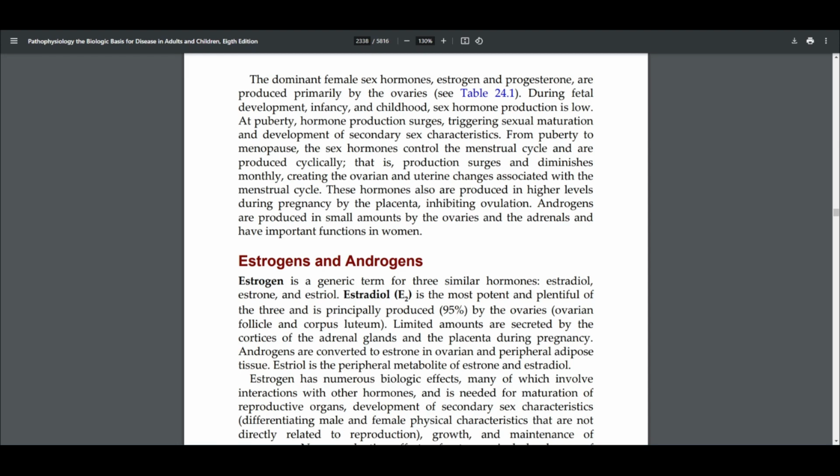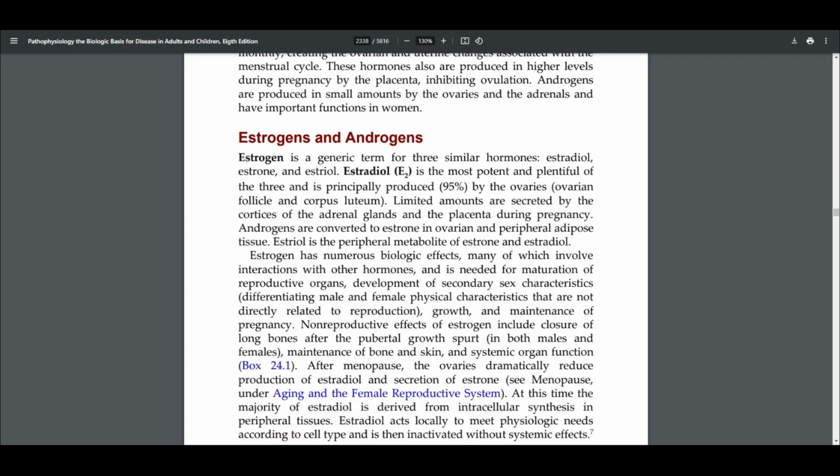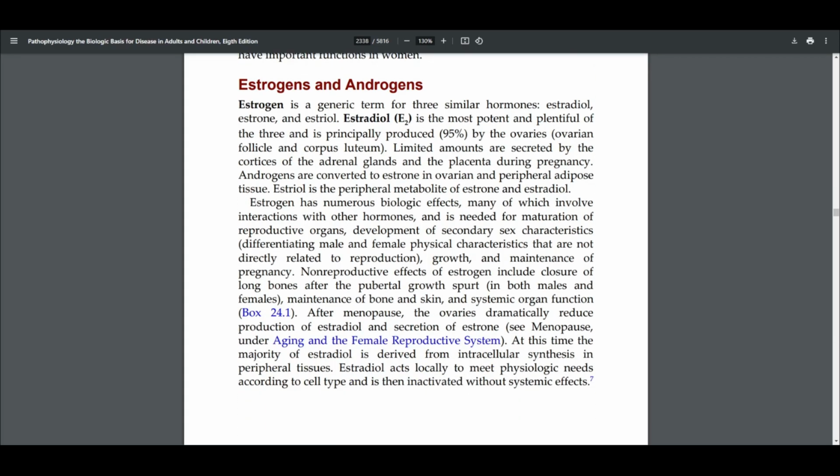Androgens are produced in small amounts by the ovaries and the adrenals and have important functions in women. So, estrogens and androgens. Estrogen is a generic term for three similar hormones: estradiol, estrone, and estriol. Estradiol, E2, is the most potent and plentiful of the three and is principally produced by the ovaries.